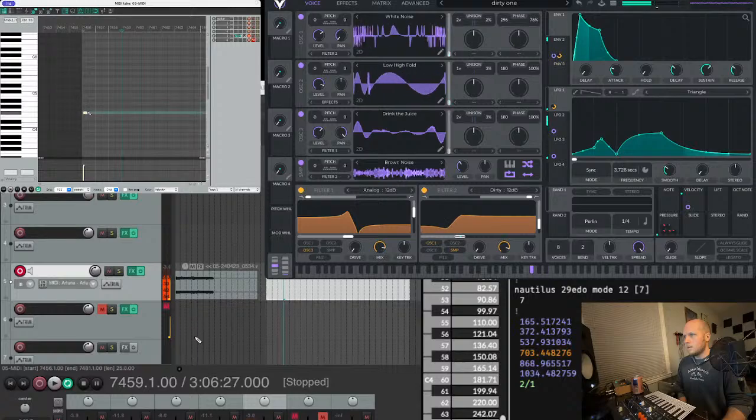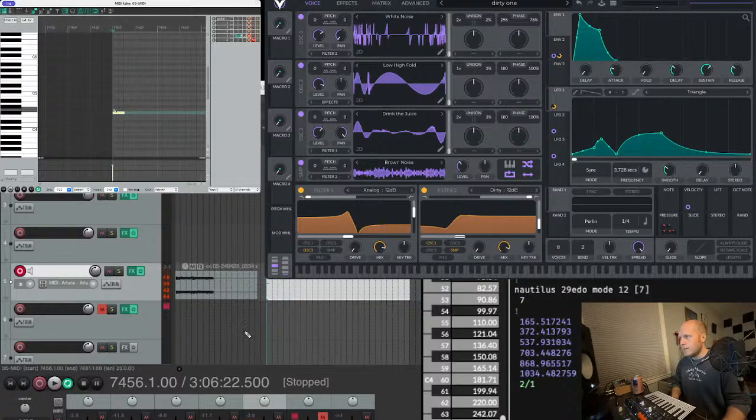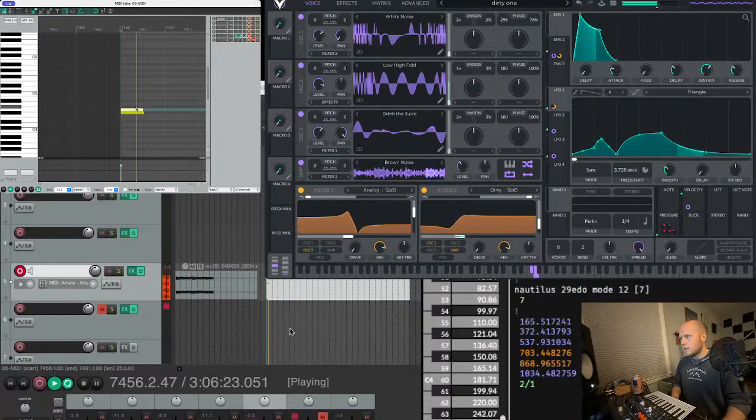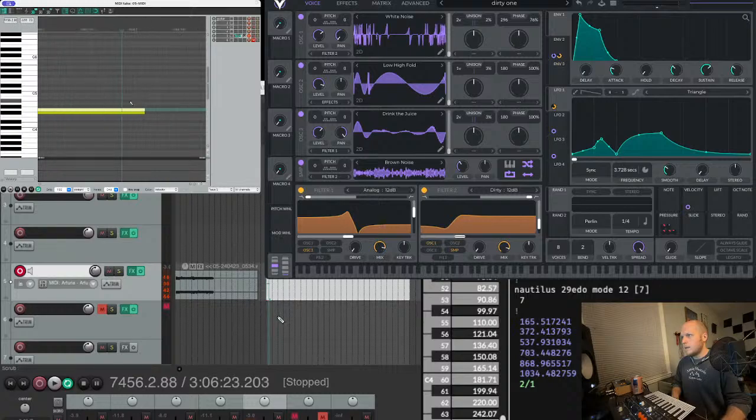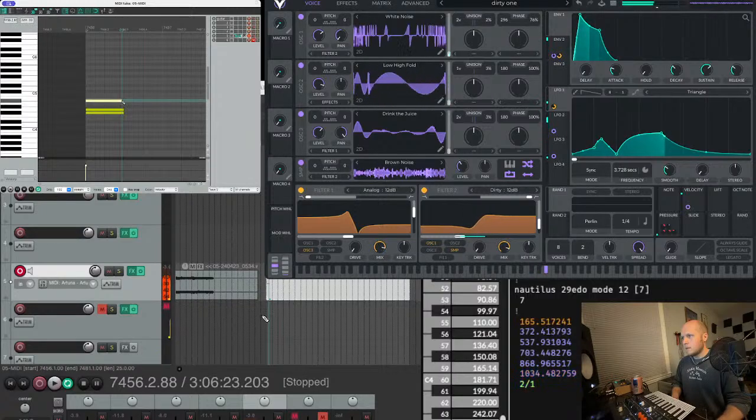I don't know, this actually might not be enough notes. I thought maybe narrowing it down to 7 would make things a little easier. But it's not.